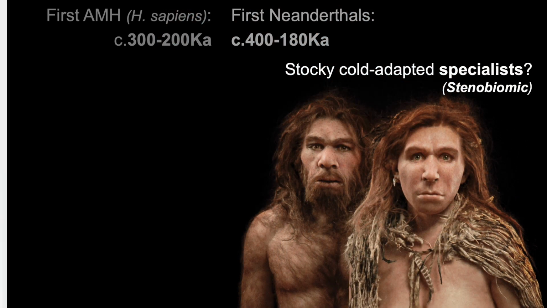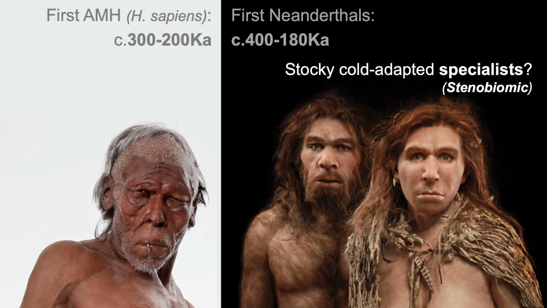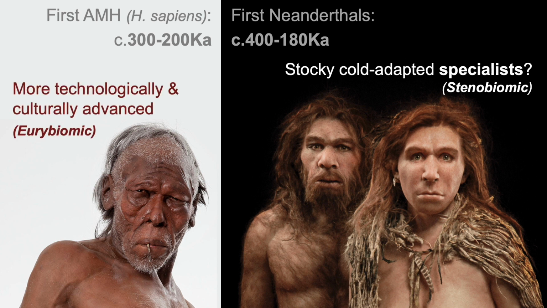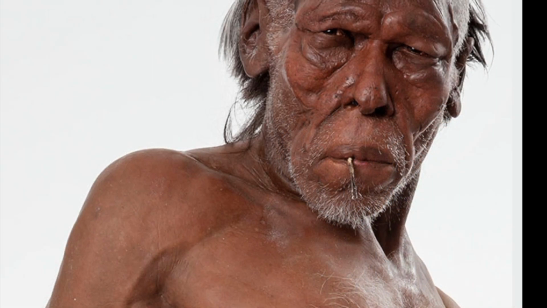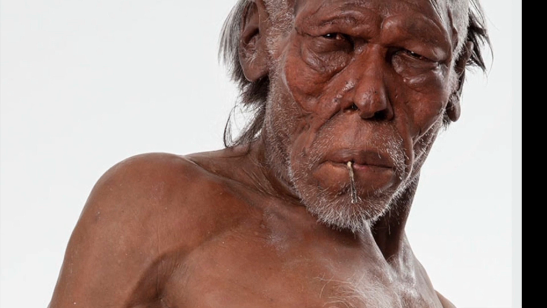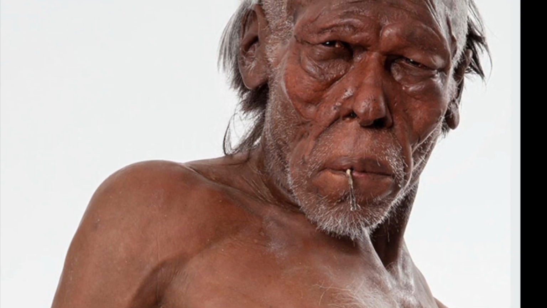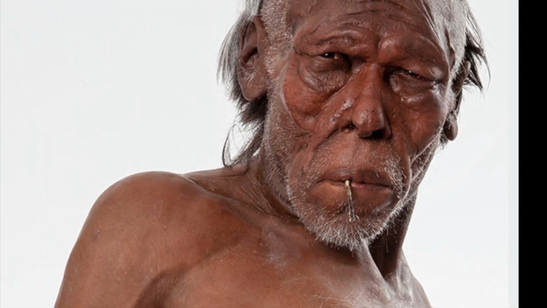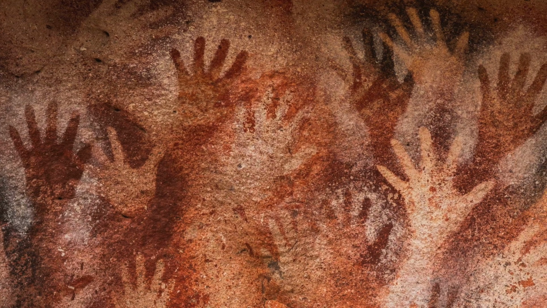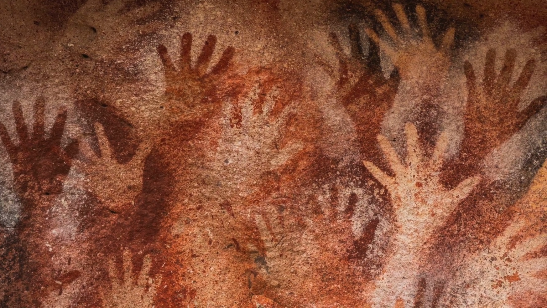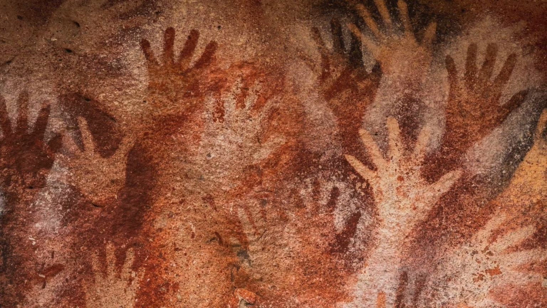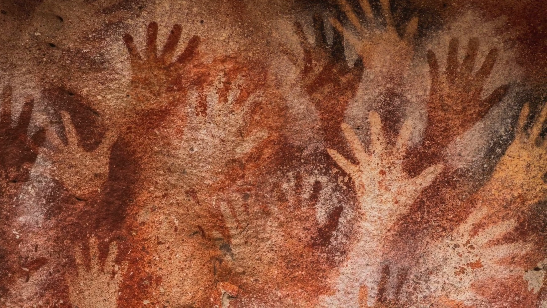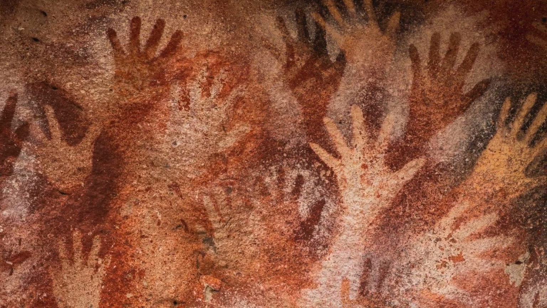And by contrast, with regards Homo sapiens and anatomically modern humans, they appear to have been more technologically and culturally advanced. So the tools which they used were more sophisticated. We see evidence of symbolism, painting, cave paintings, things like that, and all of this was traditionally associated with Homo sapiens.